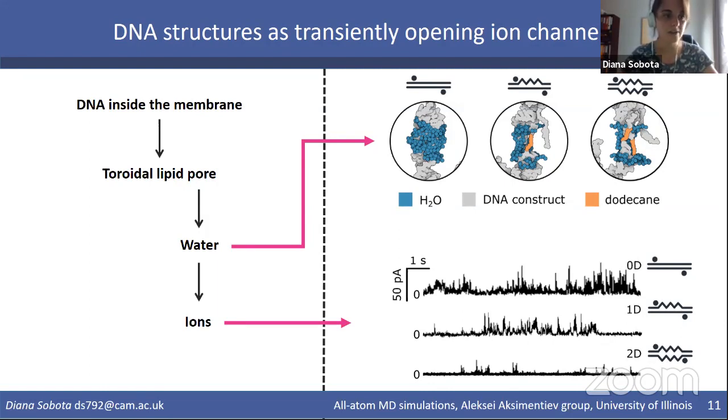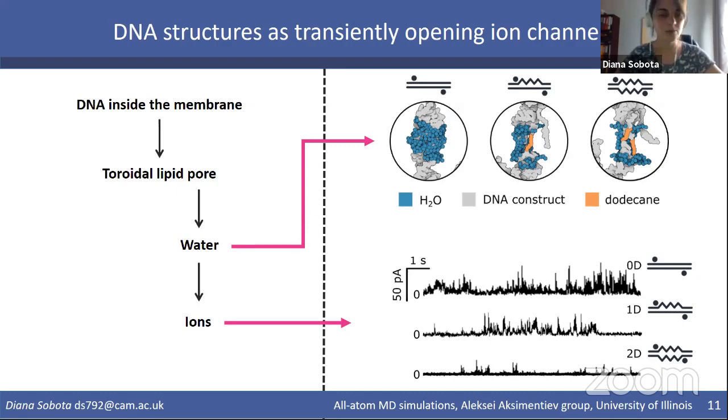So these are transient ion channels, these DNA structures. And this is also the way they were designed. I won't go into the details, but if you have questions about it, I will be very happy to answer. Also, so that we can see better what happens with our DNA, especially in the case of the 2D construct, that if it would form a cylindrical pore, we would not see it. So here we want to see the differences between them, not necessarily completely close the channel for the 2D.